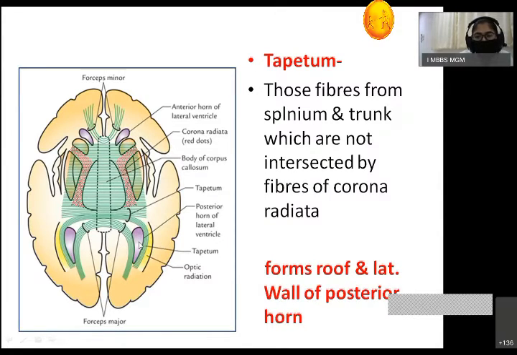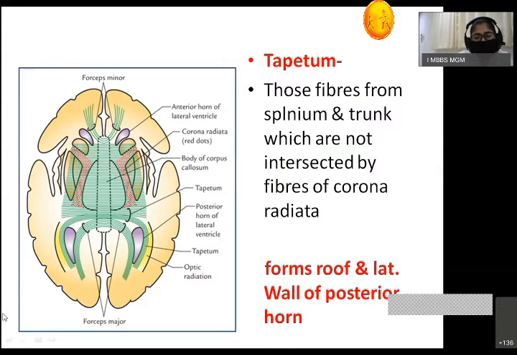Now the tapetum. Those fibers of the splenium and trunk which are not intersected by the fibers of the corona radiata are called the tapetum. This tapetum forms the roof and the lateral wall of the posterior horn of the lateral ventricle.